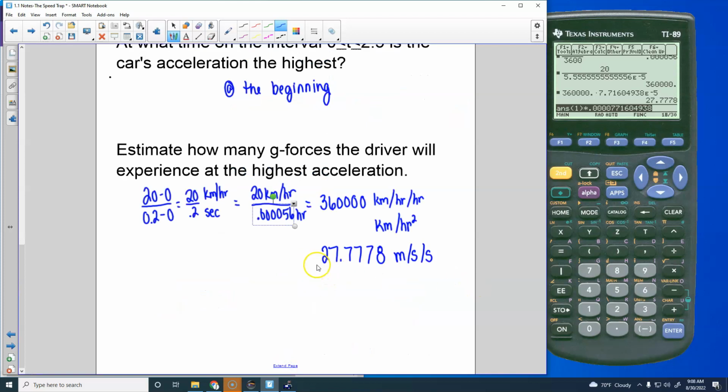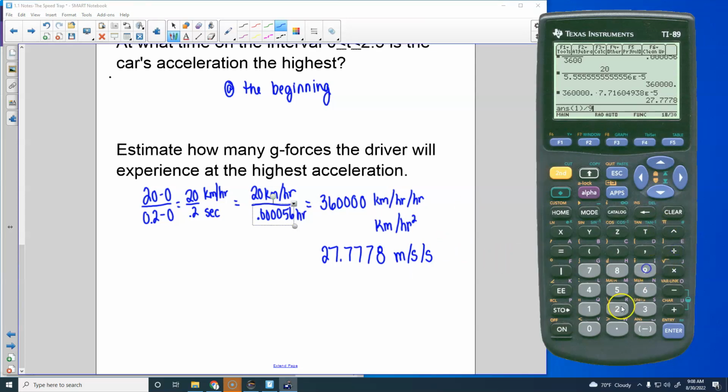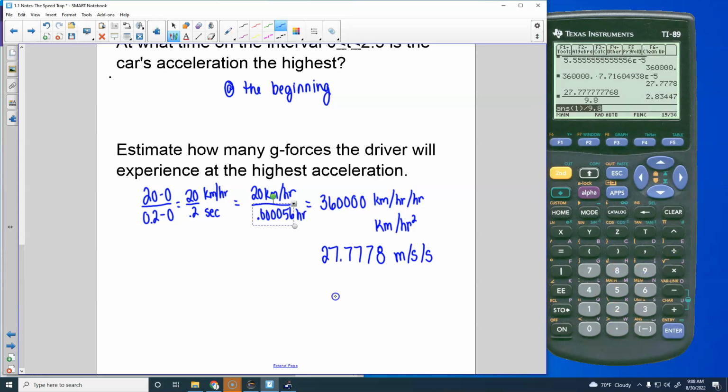And if we take that 27 and we divide it by a G, how much was a G? 9.8. So if we divide it by 9.8, we're looking at 2.83, or about 2.83 Gs. Which seems a reasonable estimate to me.